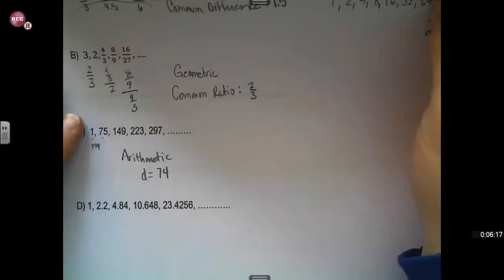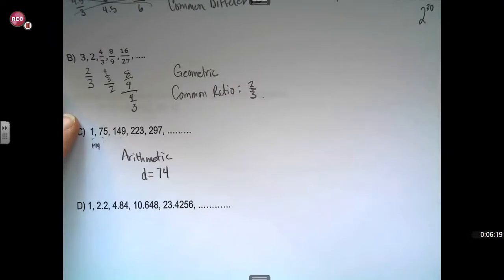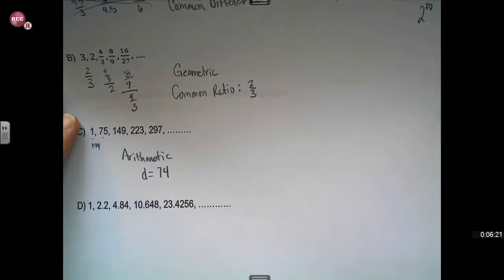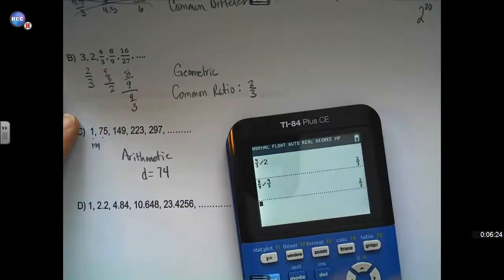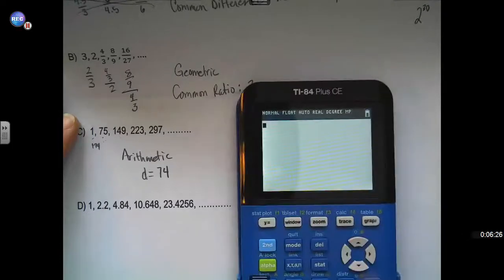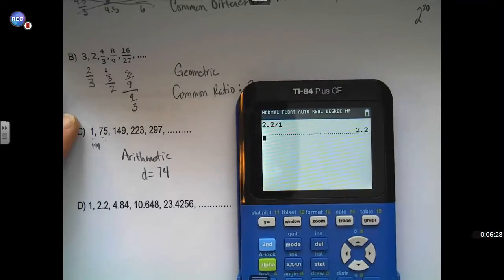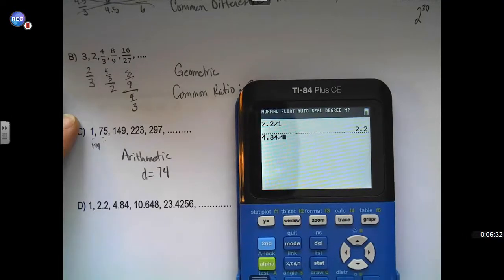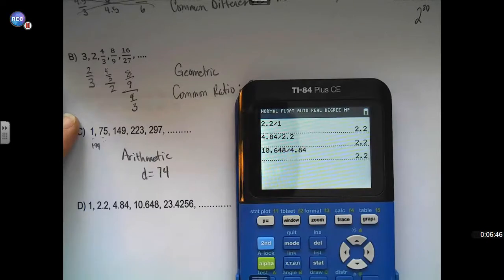Okay. So if this next one is geometric, it means that when I divide, 2.2 divided by 1, I get 2.2. 4.84 divided by 2.2 is 2.2. 10.648 divided by 4.84 is 2.2.